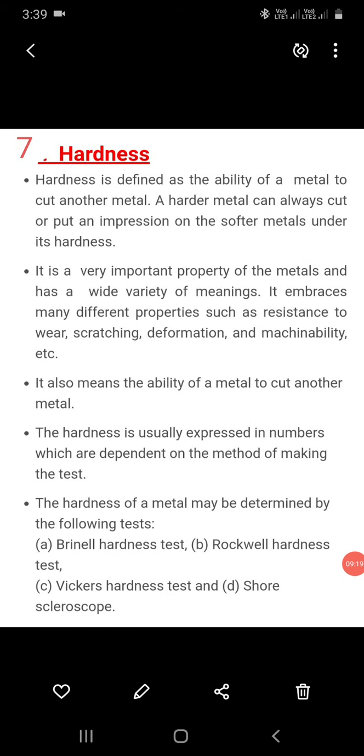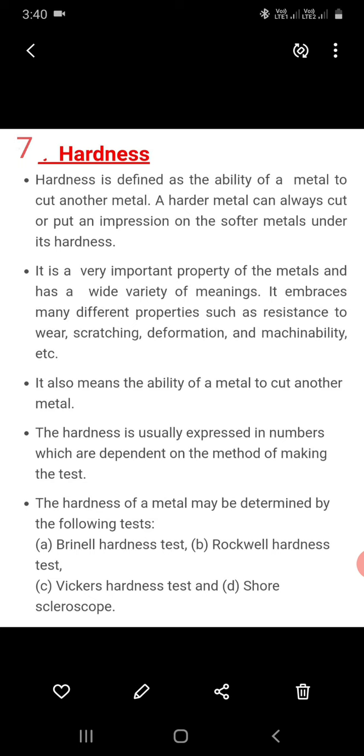Next topic is hardness. Hardness is defined as the ability of a material to cut another material. A harder material can always cut or put an impression on softer materials. It is a very important property of metals and has a wide variety of meanings.